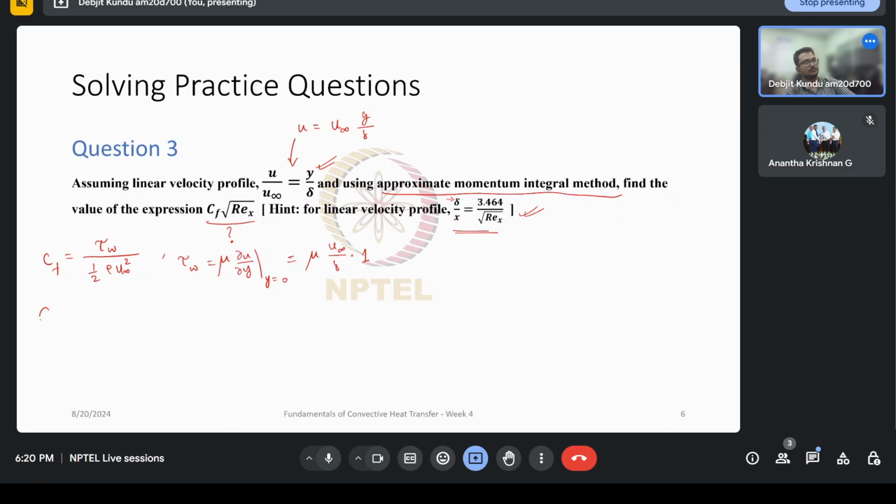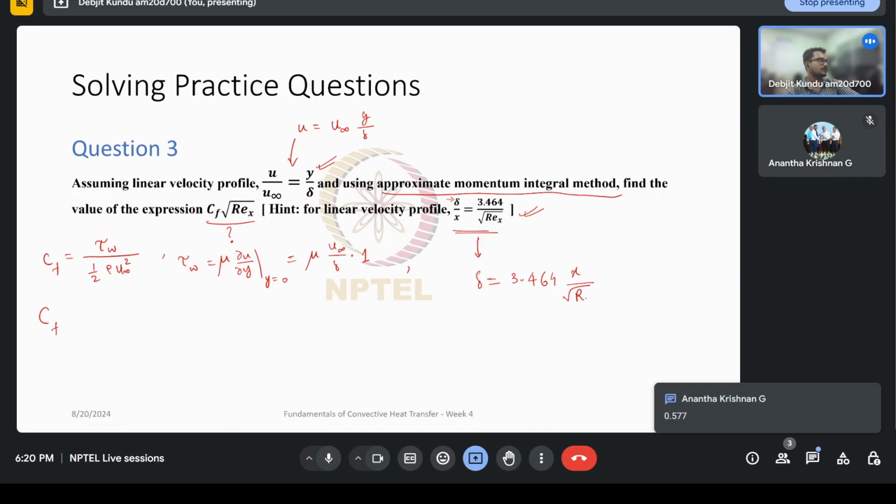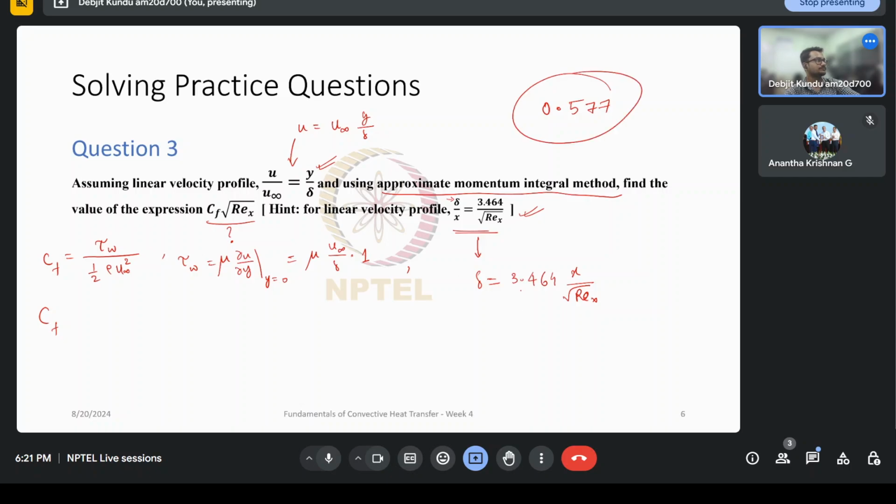So let's now start putting in values. I'll need the delta as well, which I can get from this expression. So delta is equal to 3.464 into x over under root Rex. Okay, so we have a solution which is 0.577. Let's see if we can get there.